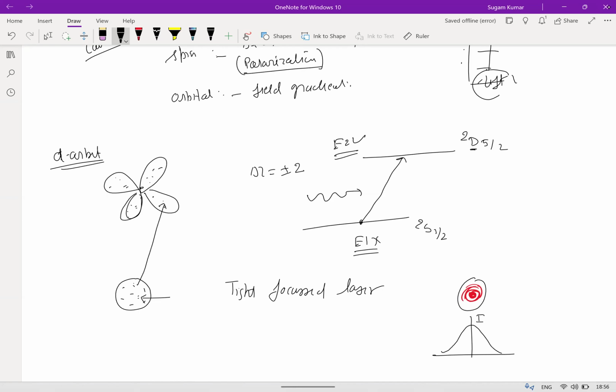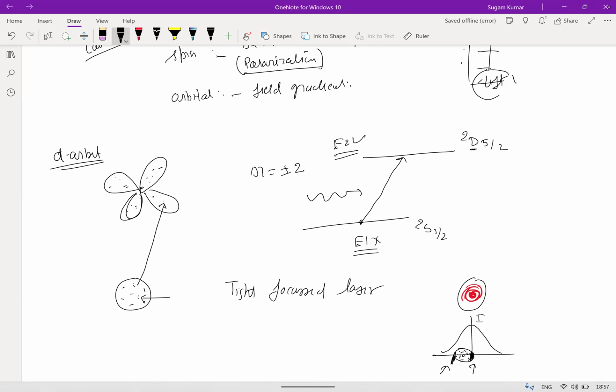So if you put this atom in this kind of laser, then this electron, which is spherical in nature, say the electron is somewhere here, the s orbital electron cloud, then you can see this portion is going to see a higher field, and this portion is going to see a lower field, correct? Are you getting this part? Yes, sir.